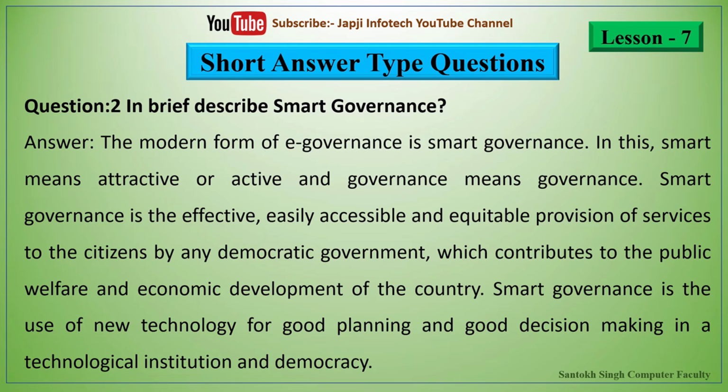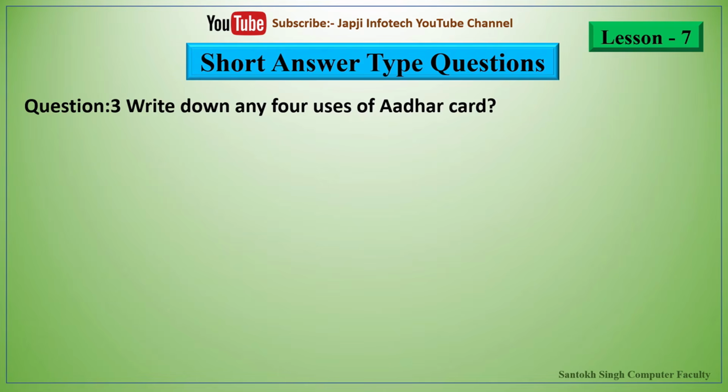So smart governance is the effective, easily accessible, and equitable provision of services to the citizen by any democratic government, which contribute to the public welfare and economic development of the country. Smart governance is the use of new technology for good planning and good decision making in a technological institution and democracy.